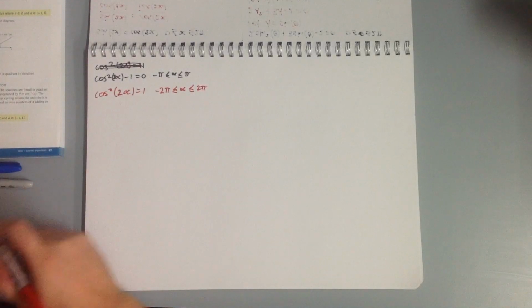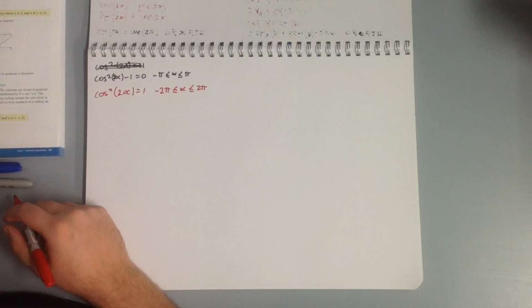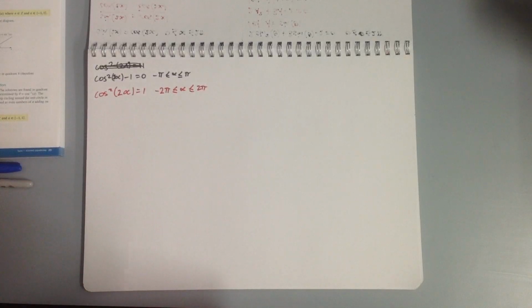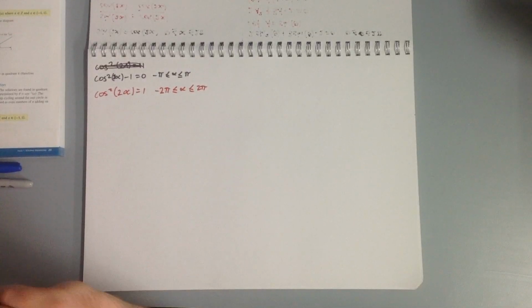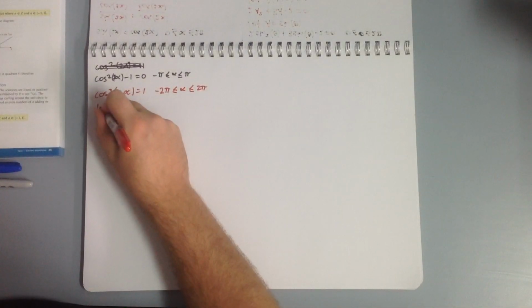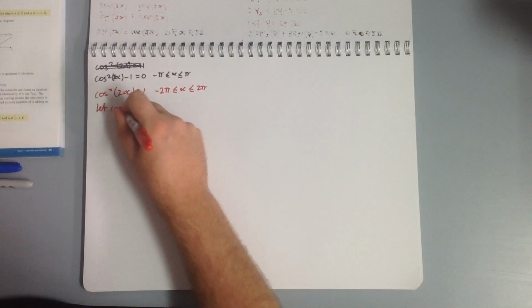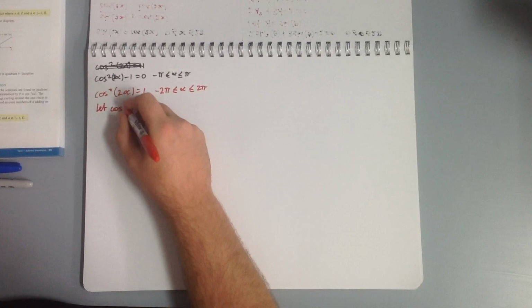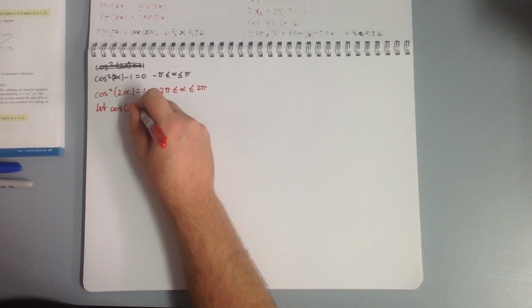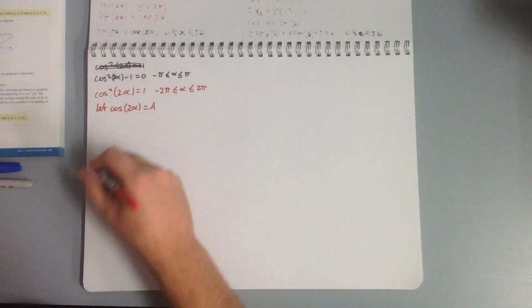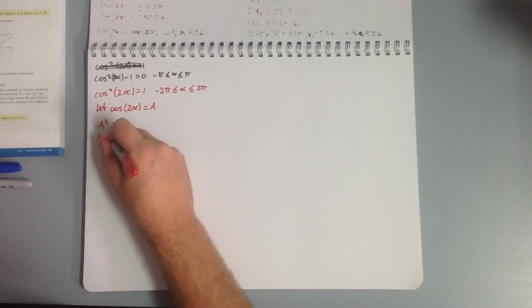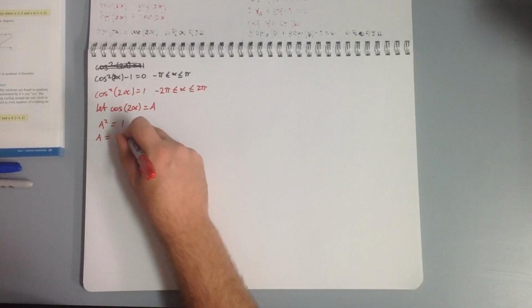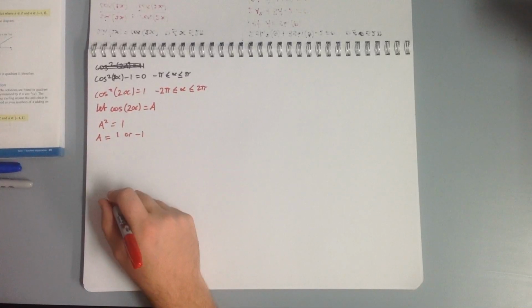So looking at that now, we need to go, well, hang on a second, what are we going to do here? The answer is, again, we let cos of 2 alpha equal a, so that means we've got a squared equals 1, so that a equals 1 or negative 1.